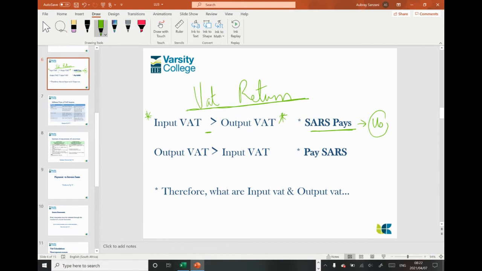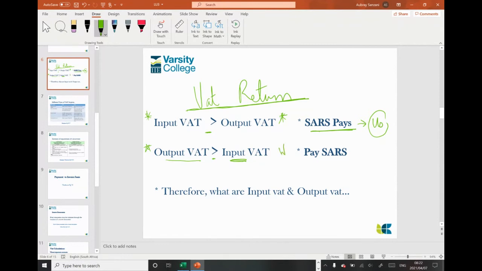However, if the output VAT is greater than what they owe us, then we pay SARS. Does that make sense?